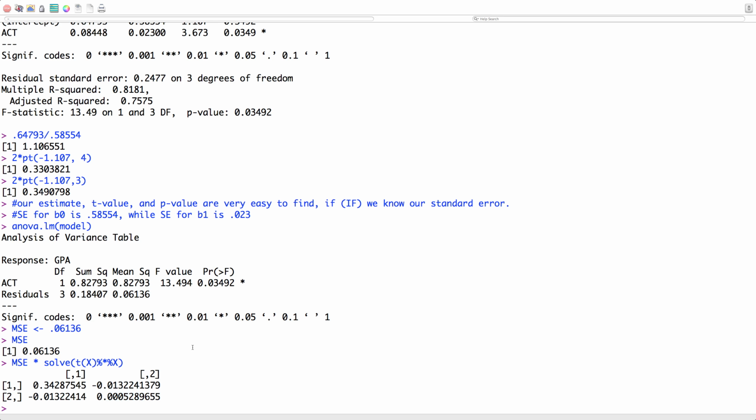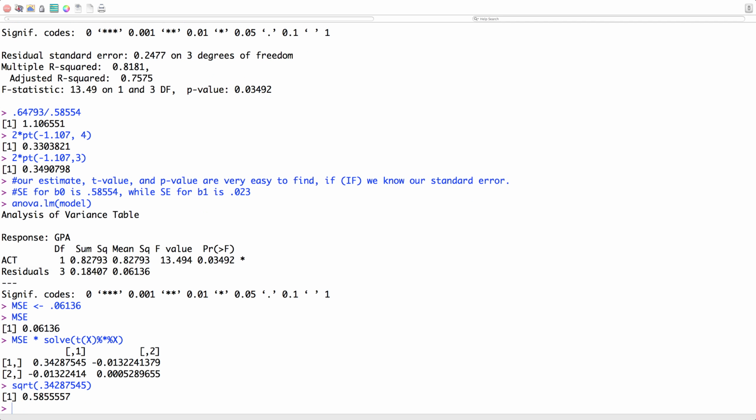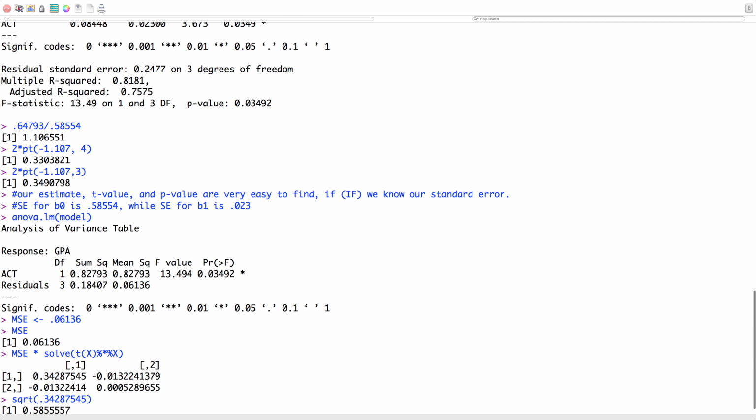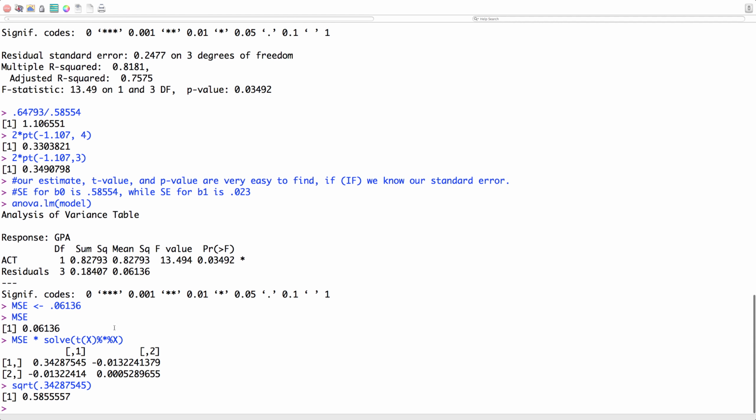So as we can see, if we take the square root of 0.3428754..., we're going to get 0.5855, which is, within rounding, exactly what we expected to get right here.